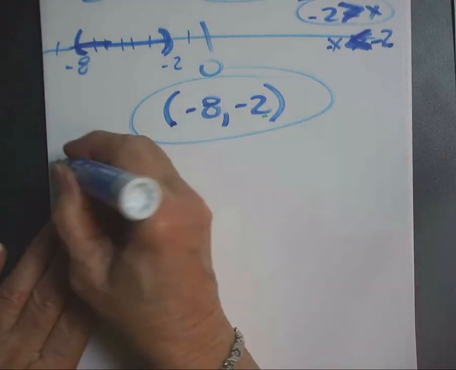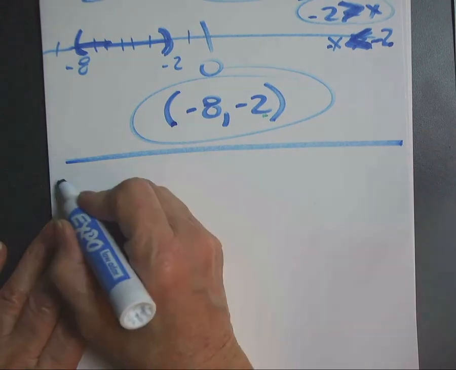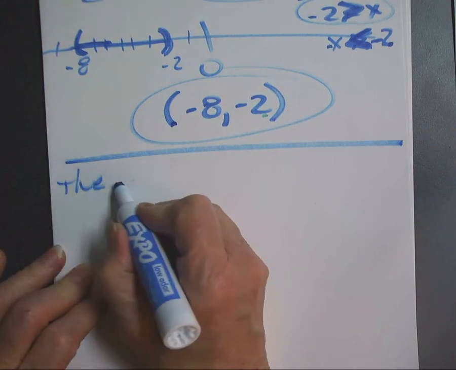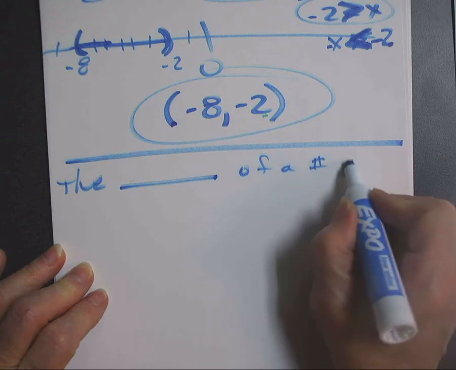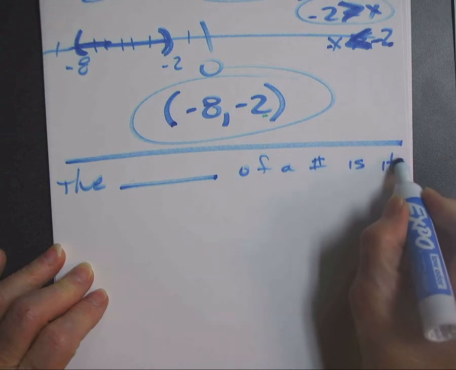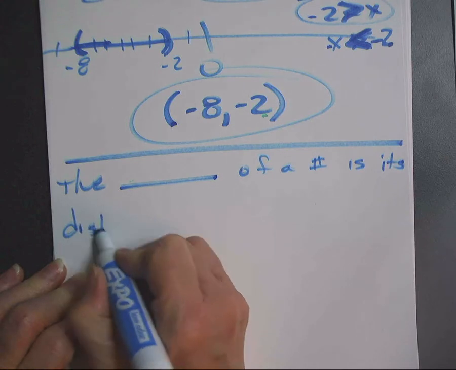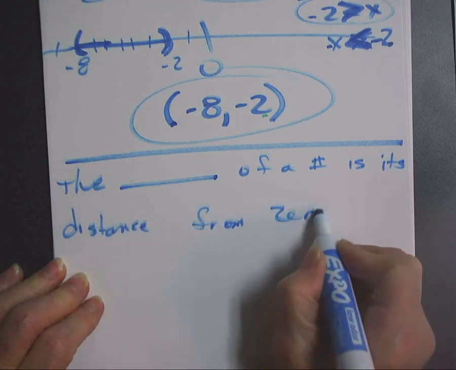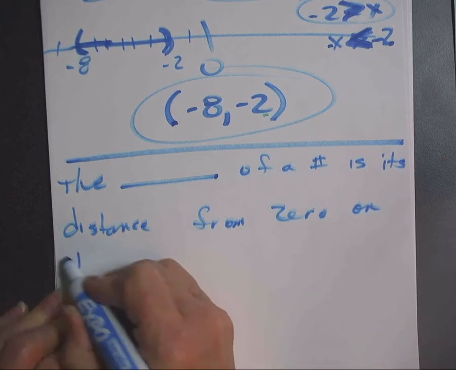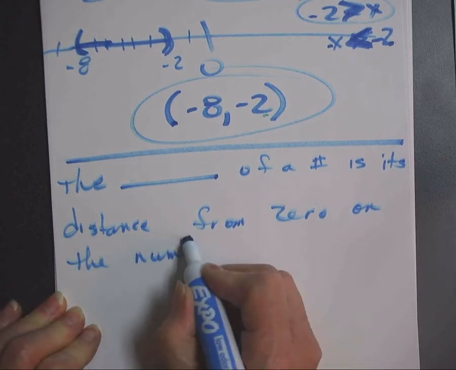The next problem. The absolute value of a number is its distance from 0 on the number line.